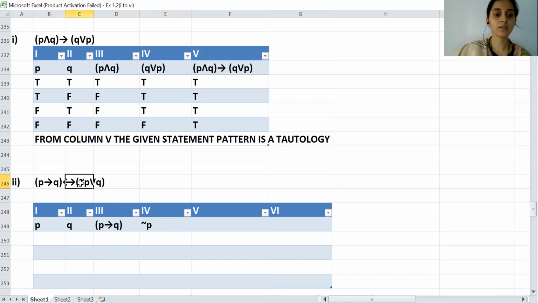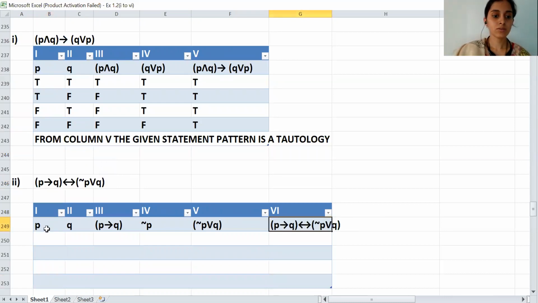Then we require the bracket, negation P or Q, so we'll put this here. And the last one should have the entire statement pattern, so let us put the entire statement pattern over here.